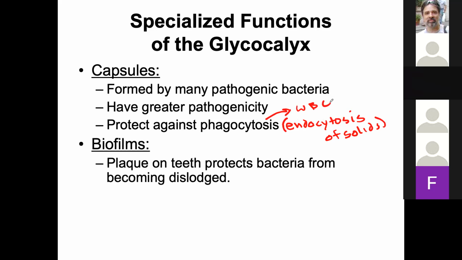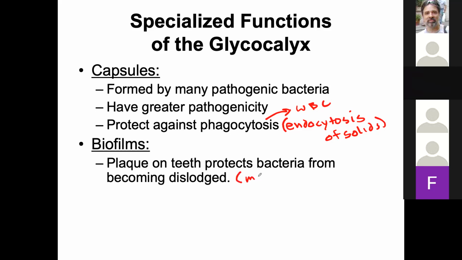Biofilms are communities of bacteria that grow within a matrix that allow it greater resistance to attack because of the variety of bacteria that live there, right?